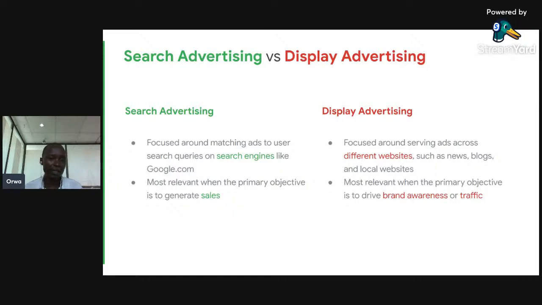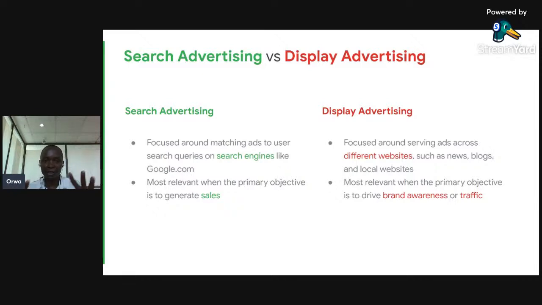But with search engine advertising, Google Ads is matching the search query that a person places in the search box. Google then crawls around to find if there is anybody who made an advertisement using keywords that are close or related to what people are searching, and matches those two.